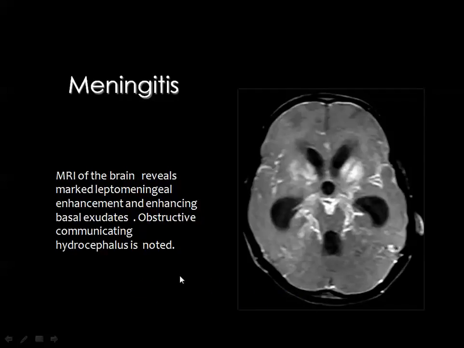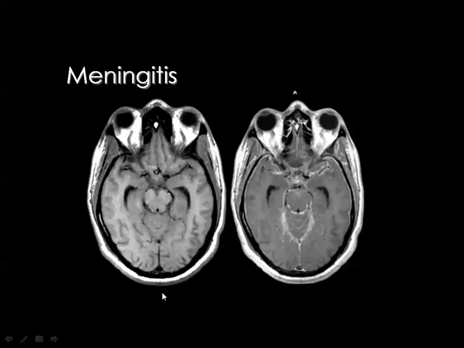And this is also a case of meningitis showing enhancement of the quadrigeminal cistern as well as in the region of the basal ganglia. And this is an MRI T1 weighted image before contrast and after contrast injection. And you see leptomeningeal enhancement along the cerebellar folia.